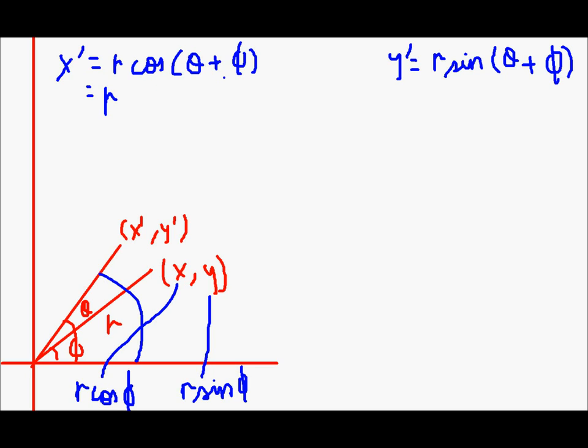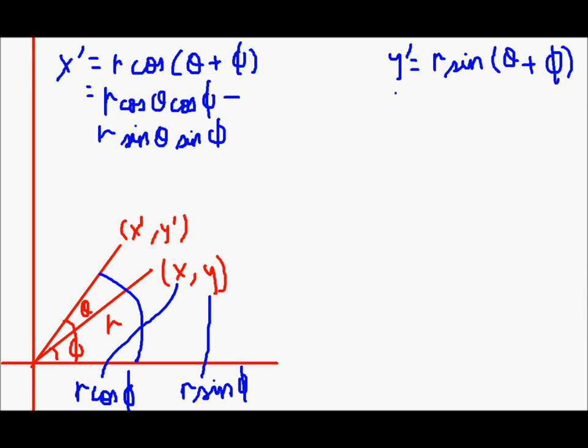Now cos a plus b is cos a cos b minus sin a sin b. So this will be r cos theta cos phi minus r sin theta sin phi.